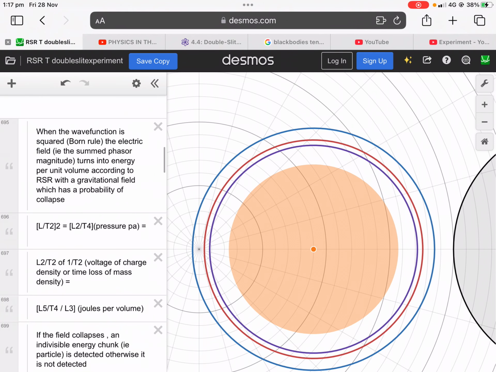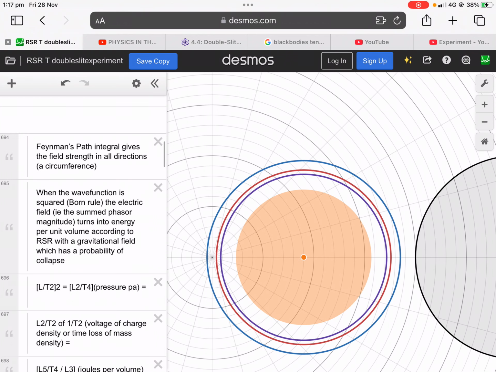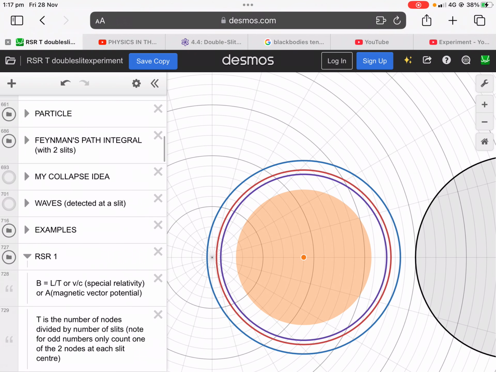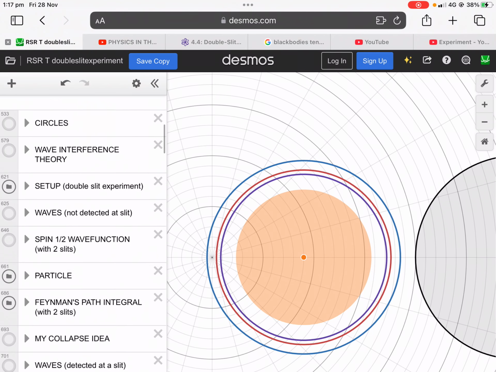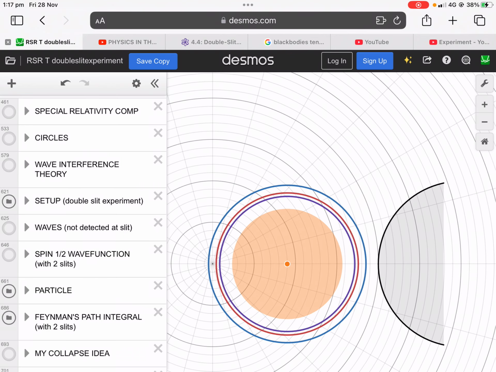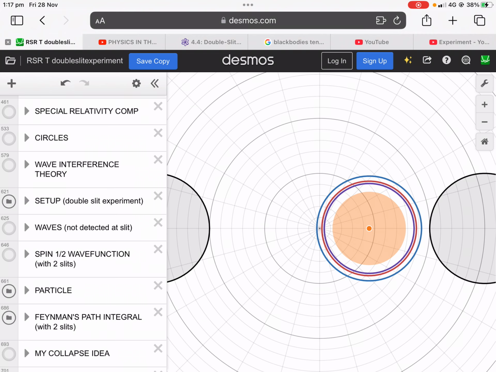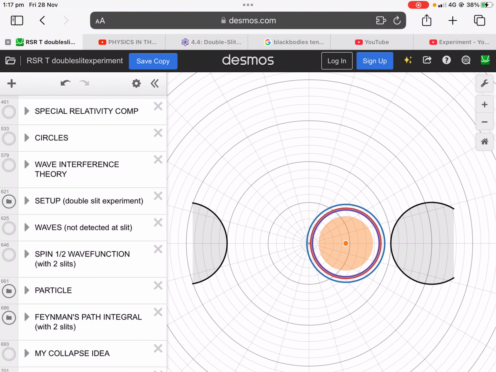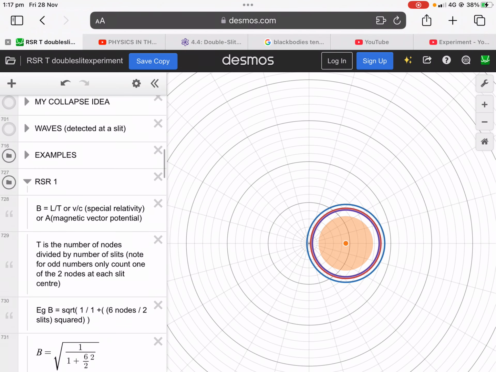And if there's just a single slit, if it's detected at one of the slits, then you end up with a different pattern.